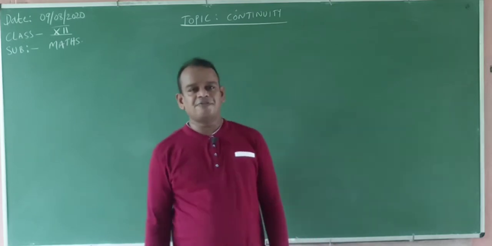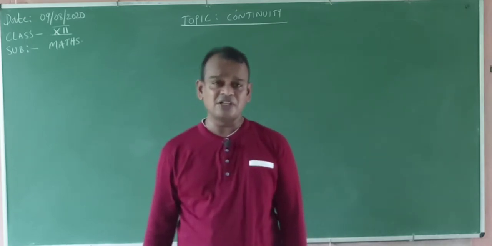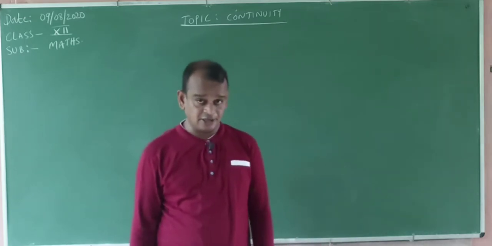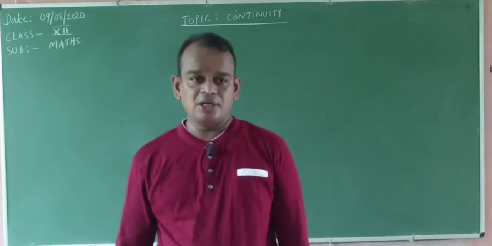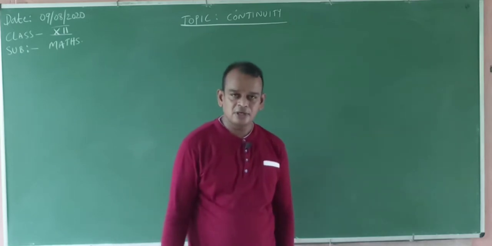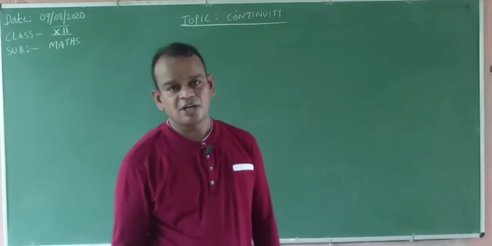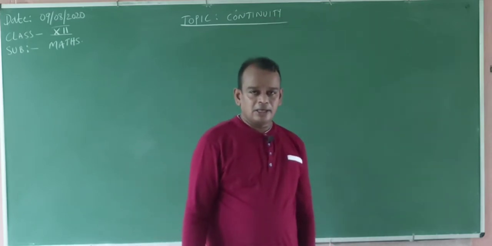After that we find the functional value, which is f of a. If the limit, LHL, RHL and function value, those three are equal, then the function f of x is continuous at x is equal to a. Otherwise it is discontinuous. Already I explained that.